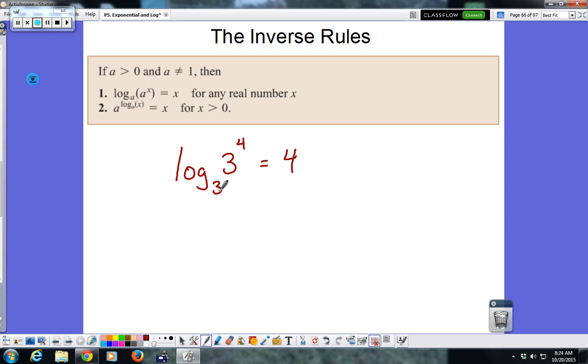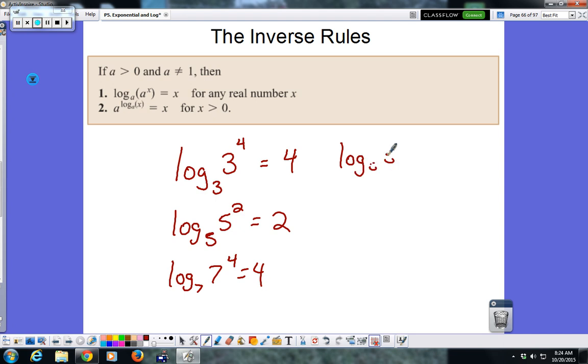Log base 3 of 3 to the 4th is 4. Log base 5 of 5 to the 2nd is 2. Log base 7 of 7 to the 4th is 4. Log base smiley face of smiley face to the 5th power is 5. When the base and the argument are the same thing, your answer is simply the exponent. Honestly, this should make sense from what I just showed you.